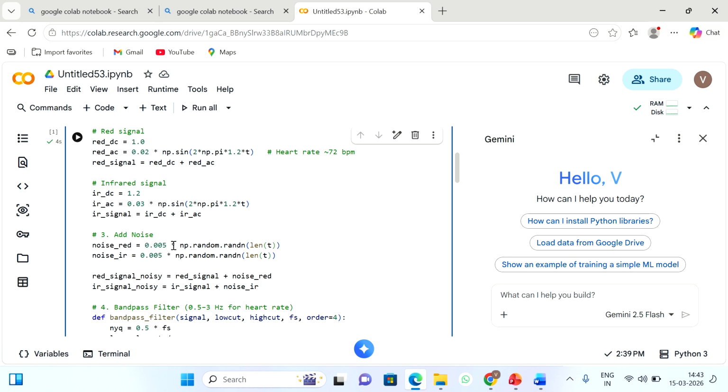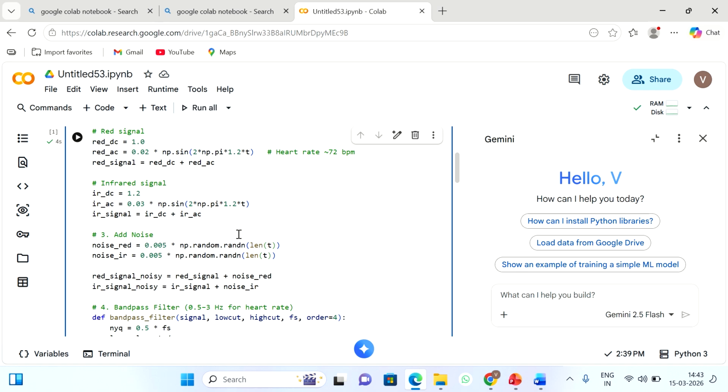Then we are adding the noise. So noise_red is equal to 0.005 into np.random.randn(len(t)). Then noise_IR is equal to 0.05 into np.random.randn(len(t)).